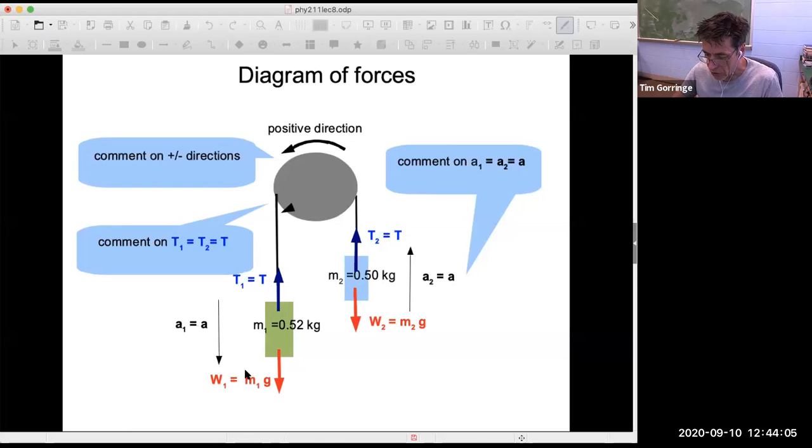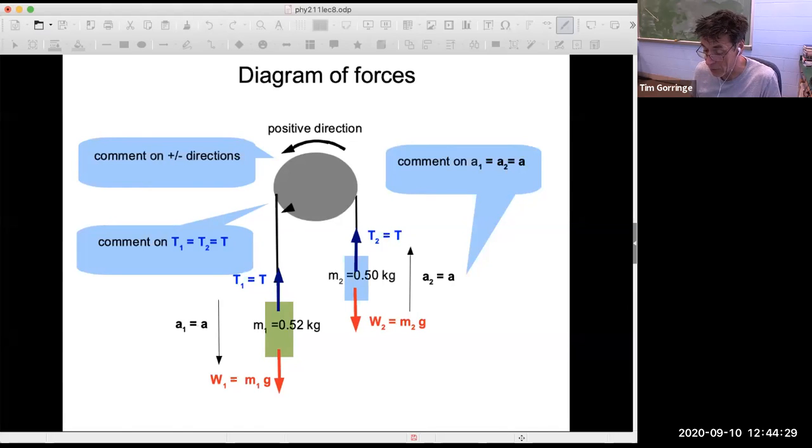They're the same tensions. There's something else that's the same that's interesting. These two forces on the left-hand block add up to make a net force that creates acceleration. These two forces on the right-hand block add up to make a net force that creates its acceleration. The accelerations for the two blocks on the left and right, whilst one is up and one is down, have the same size. If they didn't, think about it.